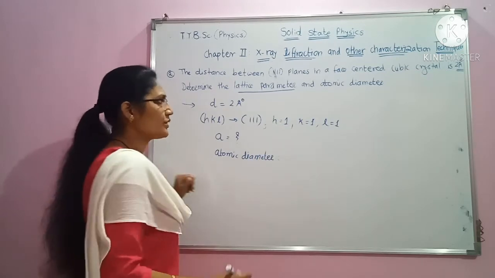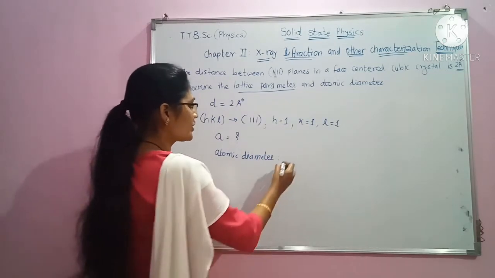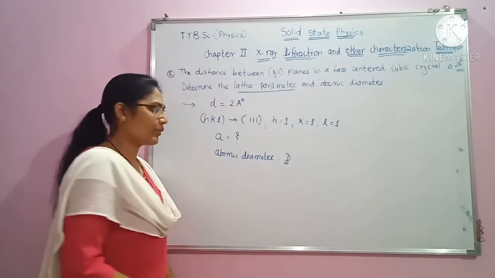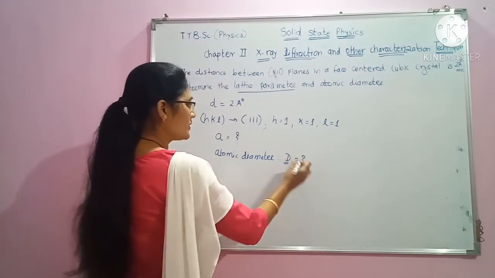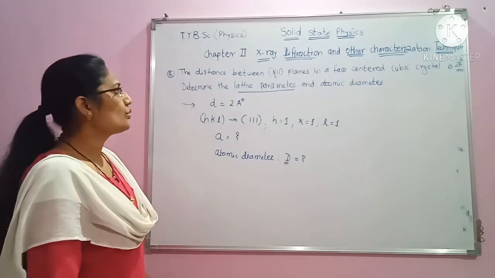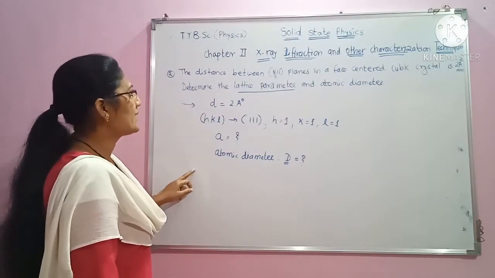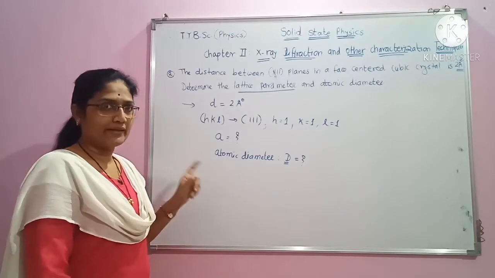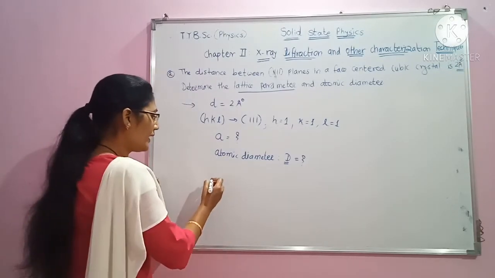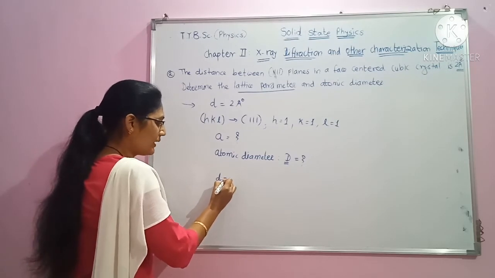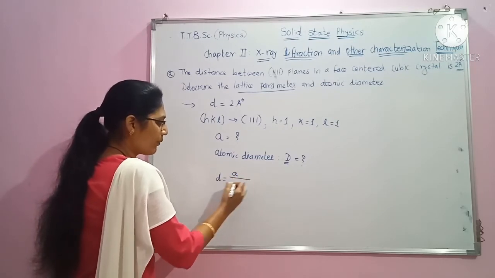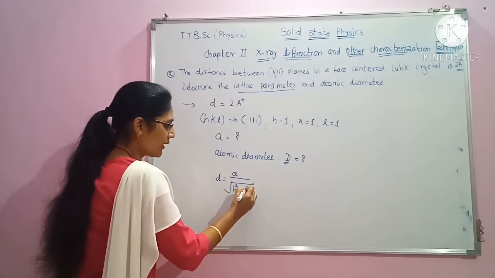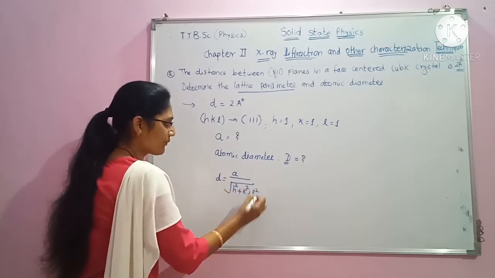Suppose I am using the notation capital D for the atomic diameter we have to calculate. What is the value of A? In order to solve this example, we have to use the relation between A and D. We know that D is equal to A upon square root of H square plus K square plus L square.